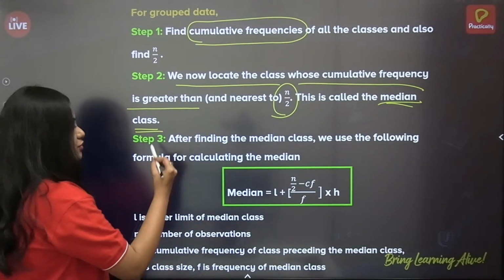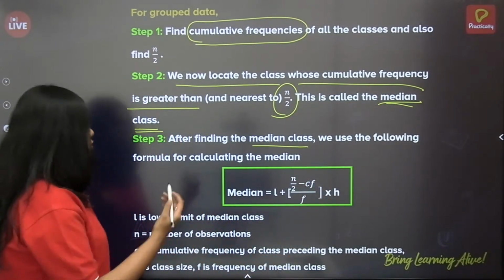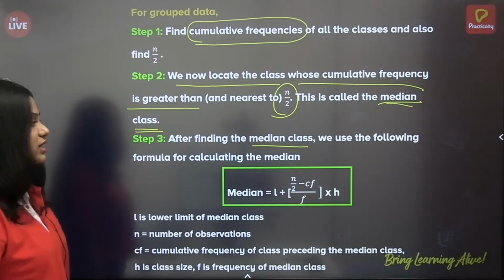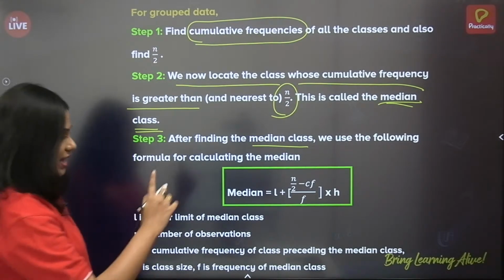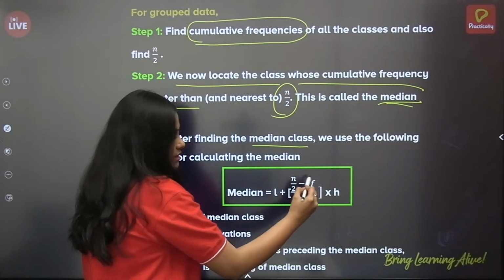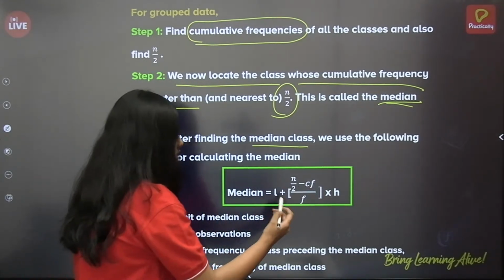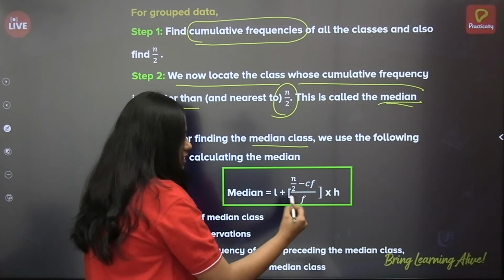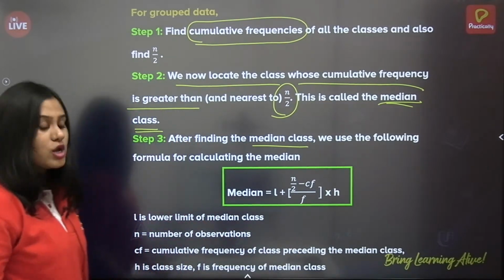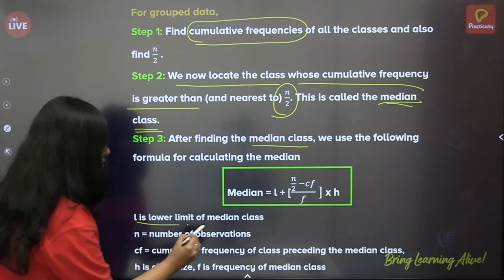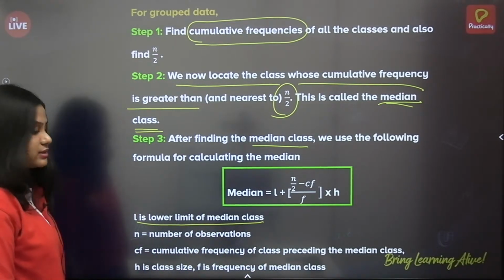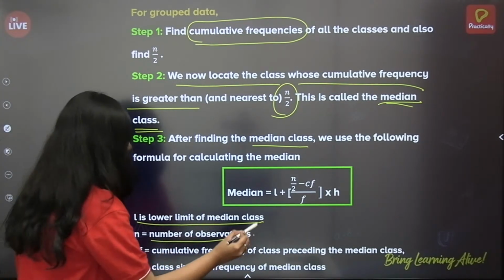Next, after finding the median class, we use the following formula for calculating the median. Median = L plus ((n by 2 minus CF) by F) into H. What is CF? Cumulative frequency. So, what is L here? L is the lower limit of the median class. What is n? Number of observations.